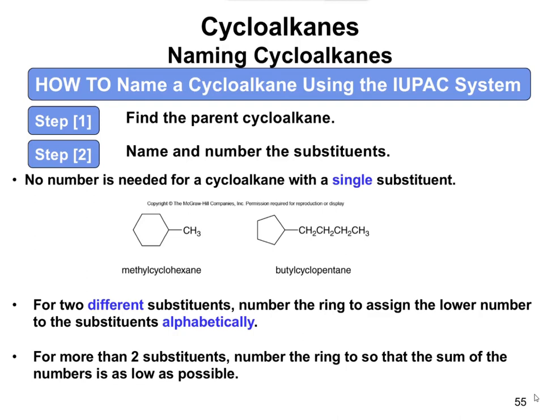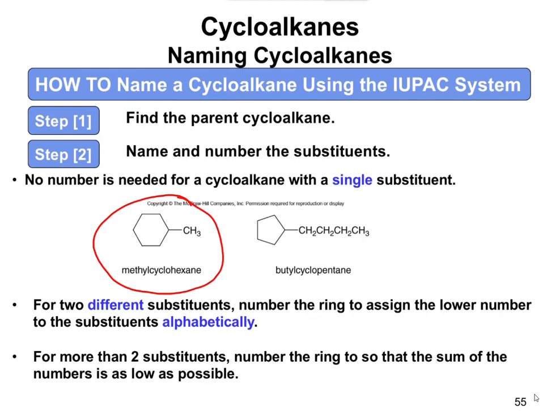So the first one there is that no number is needed for a cycloalkane with a single substituent, right? So if you only have one substituent, looking at the methyl cyclohexane that we see here, that has a methyl group, which is that CH3 attached to cyclohexane.